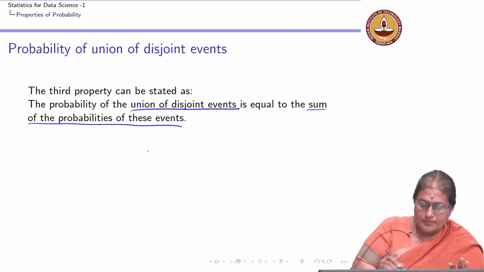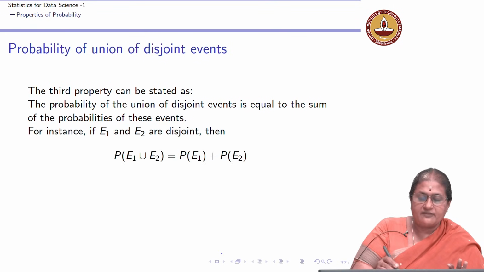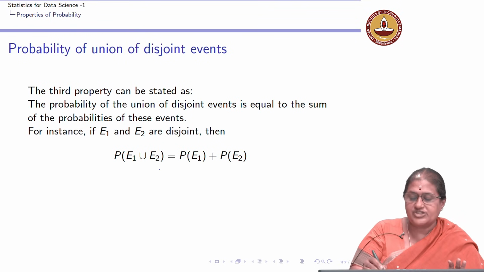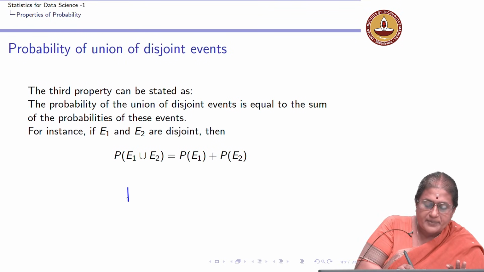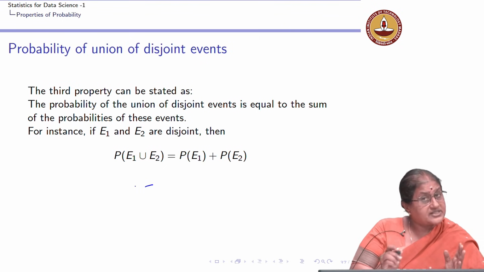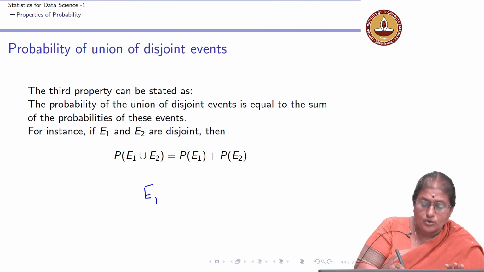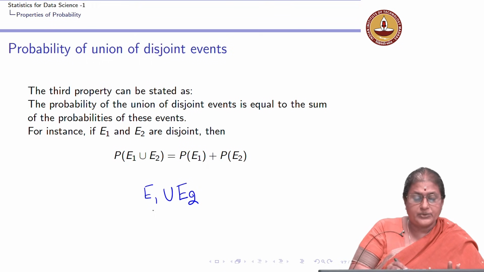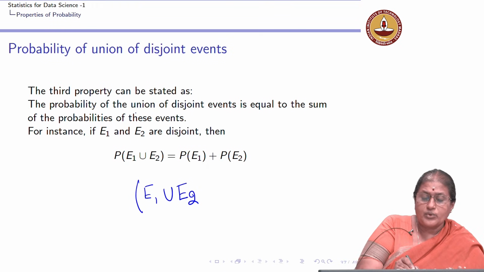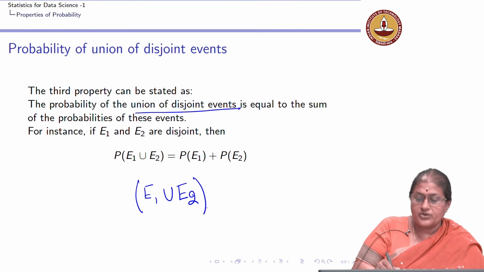What does that mean? Suppose I have E1 and E2 as disjoint sets, then I can represent the union of these sets by E1 union E2.